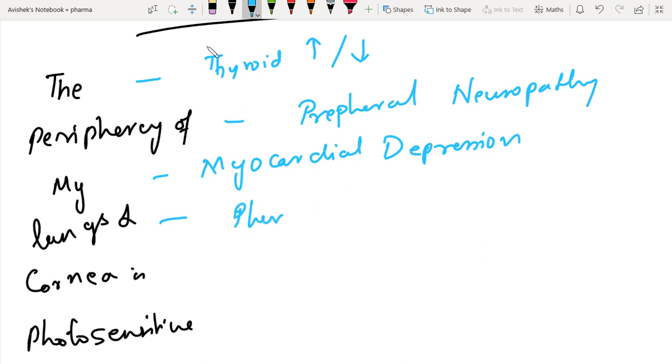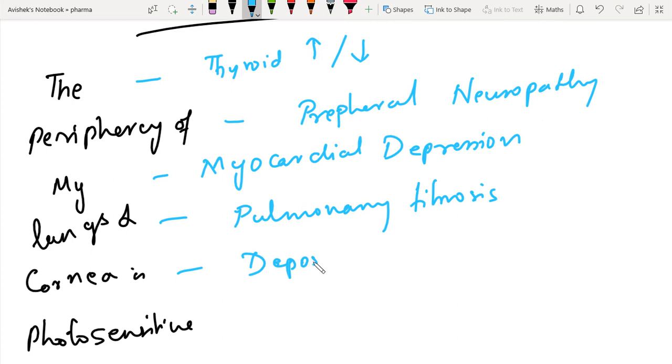Can cause pulmonary fibrosis. They can deposit in cornea and cause photosensitivity.